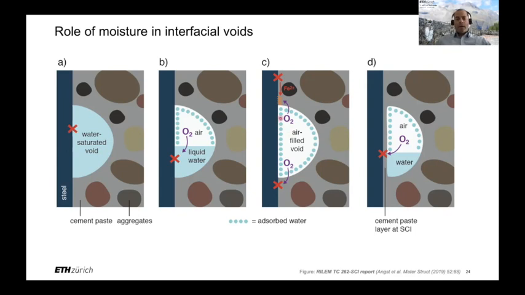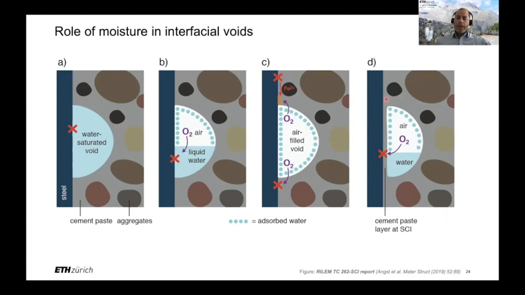However, in that case, we have a large reservoir of oxygen present in the void, and that could, of course, sustain the corrosion happening nearby. And in the case where we have a partially saturated void, one could assume that corrosion would initiate in the part of the void that is filled with liquid water, while the oxygen reservoir could sustain the pit growth in the early stage and therefore also promote corrosion initiation.